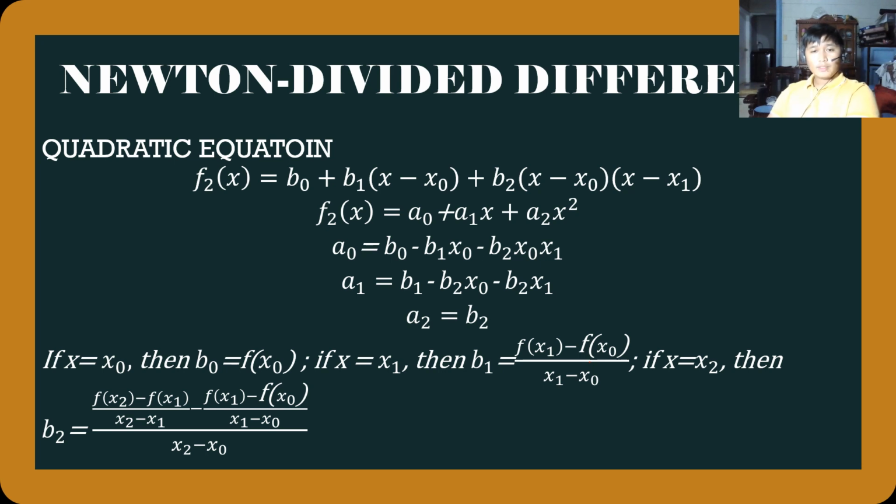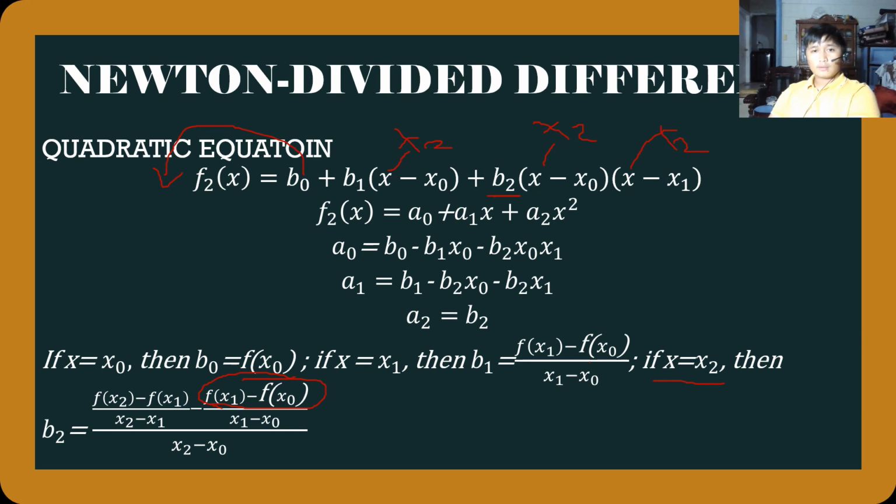And then for b sub 2, the same applies if we let x is equal to x sub 2. This one is x sub 2, this one x sub 2. If the equation will be in terms of b sub 2, again we transpose this to the other side, which is equal to f of x sub 2. These are the two.